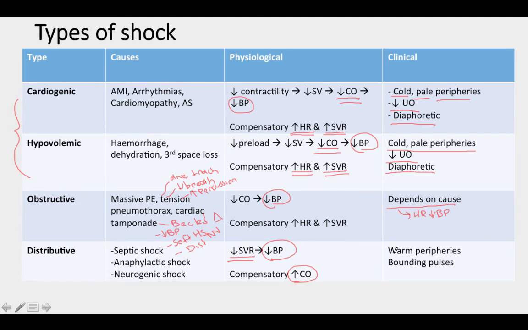So in this form of shock, you actually have bounding pulses because the heart's beating harder and faster, trying to get blood to flow forward rather than sideways, and you actually have warm peripheries. So that's a very interesting contrast between the first two types of shock and your distributive shock.